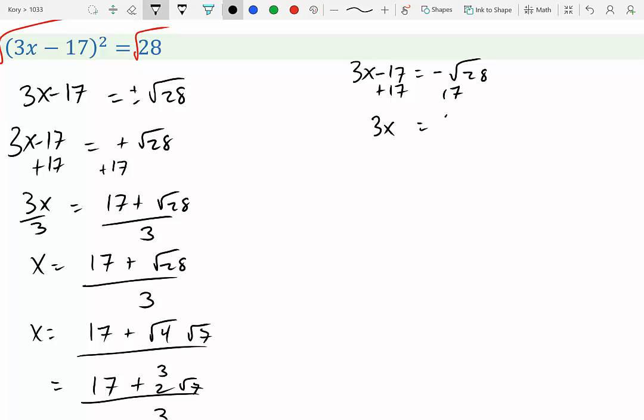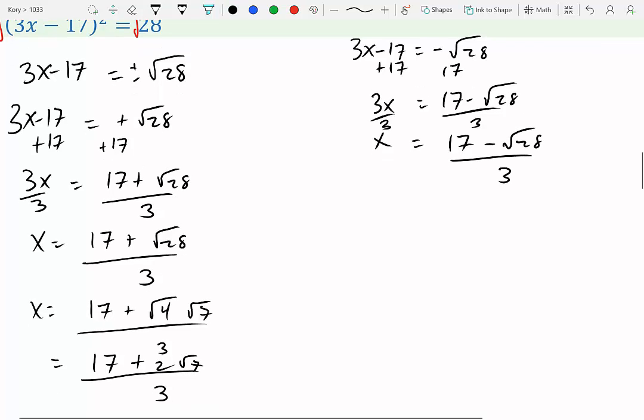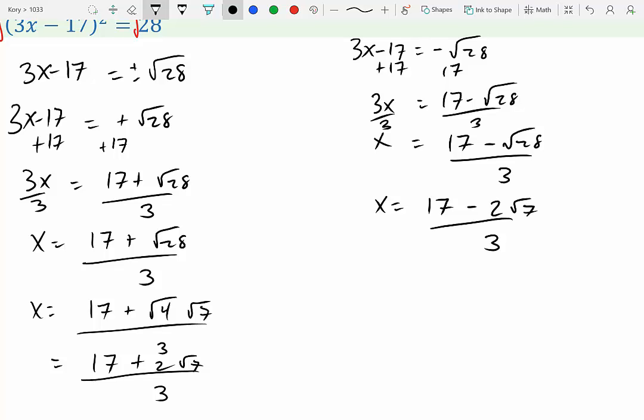We have 3x equals 17 minus the square root of 28. So we have divide by 3. X equals 17 minus the square root of 28 over 3. And then we already know the square root of 28 is 2 radical 7. So we have 17 minus 2 radical 7 over 3.